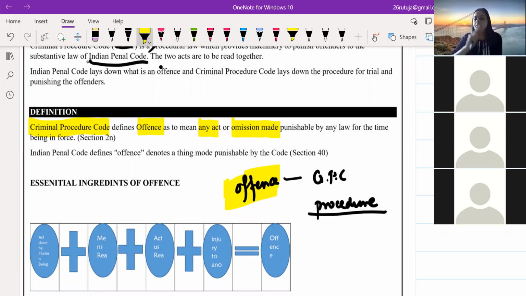So offense includes both the things, an act or an omission which is made punishable by any law for the time being in force. CRPC में नहीं कोई भी act को define किया, कोई भी offense को, therefore they are saying any act or omission punishable by any law. So over here when I say any law, it would be I.P.C में या दूसरे कोई भी statutes में अगर किसी भी offense को define किया है, defamation like, right?